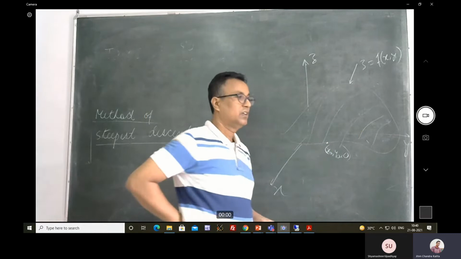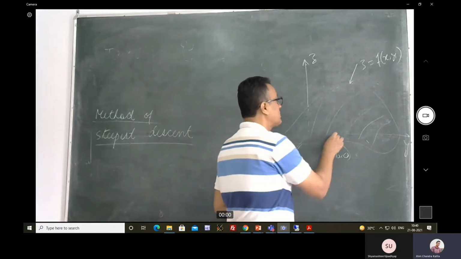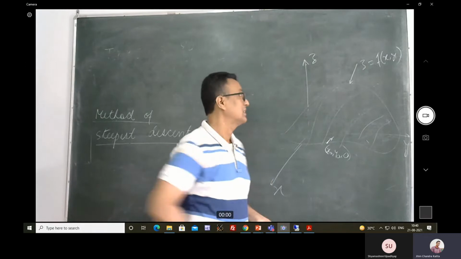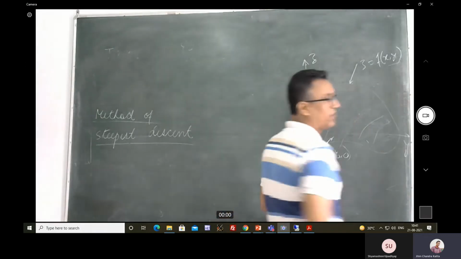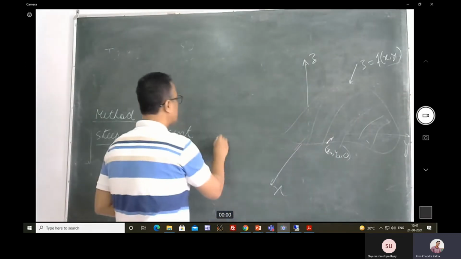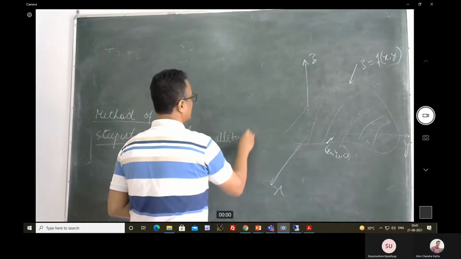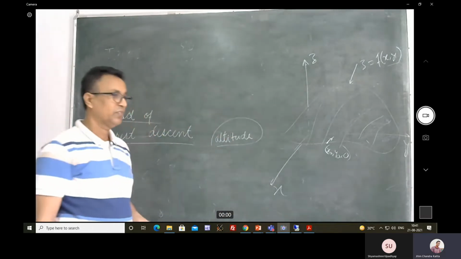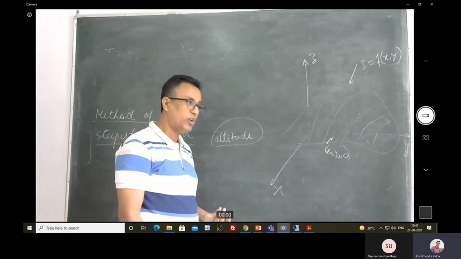If you take the gradient vector here, it is going to give you what? And this is z equal to f of x, y. This is nothing but the altitude function, isn't it? It is giving you the altitude, the height at a particular point.